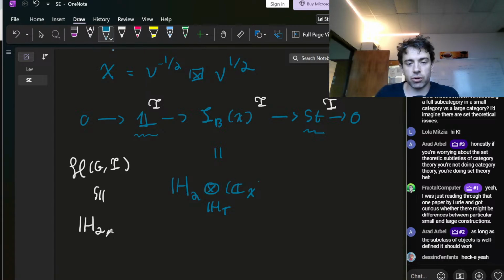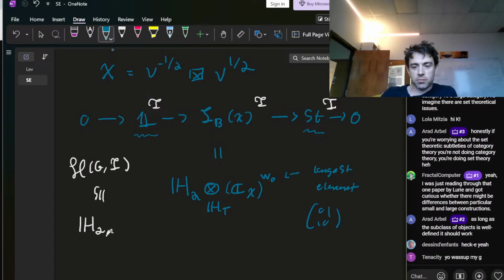The literature is all over the place on the different incarnations of the Hecke algebra and categorical equivalences used. Then this should be the longest element of the Weyl group, which for us is just represented by this matrix in GL2.